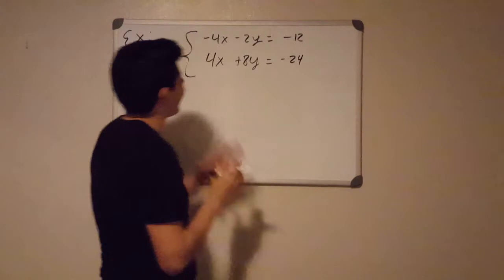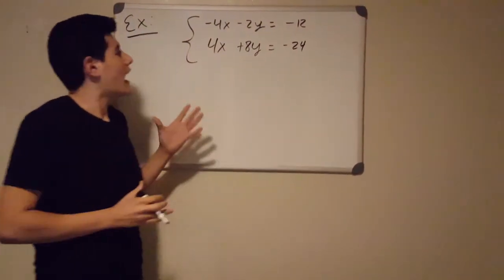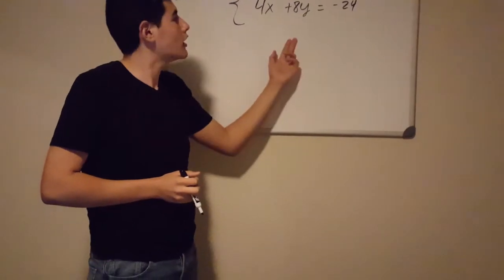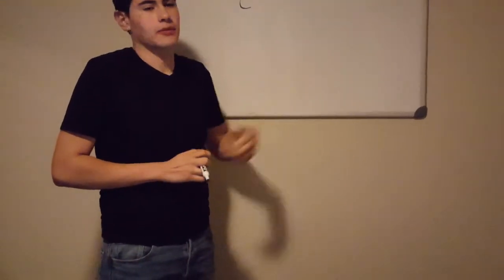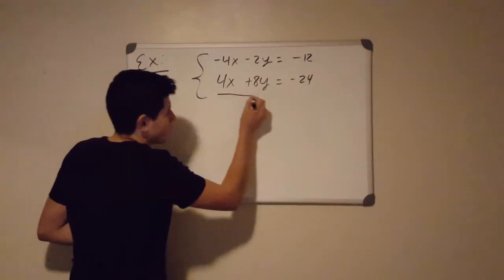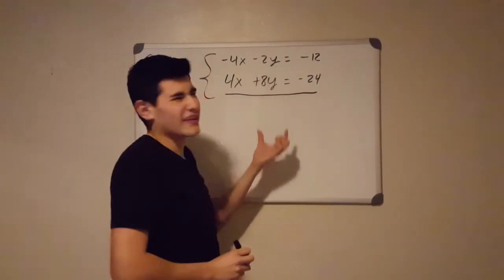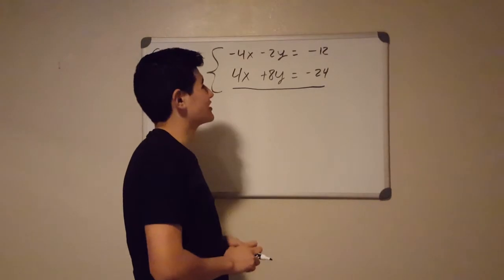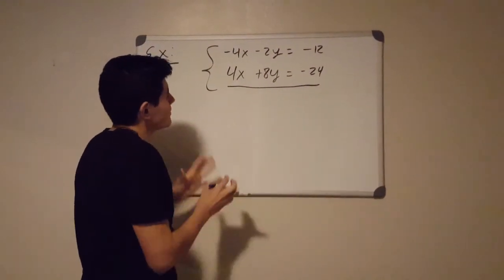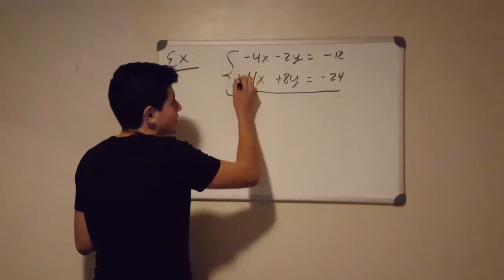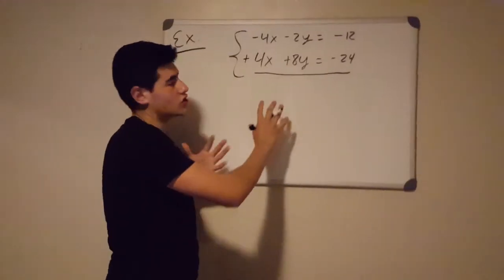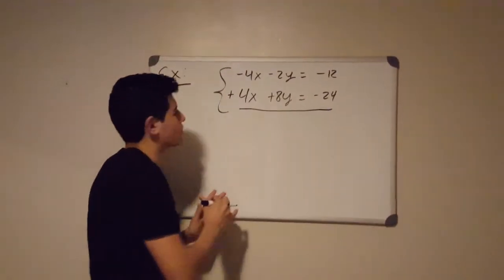Okay, so this is the idea behind it. The idea of solving by elimination is that you can get rid of one variable and then solve for the other variable. What I'm doing is solving vertically, and essentially I'm adding both equations together, which sounds kind of crazy, but it works out for your solution.